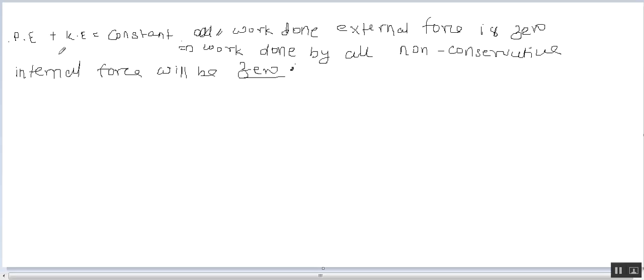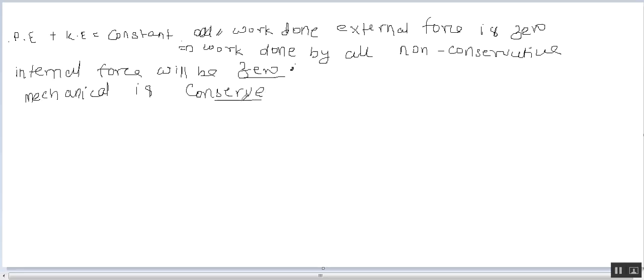So in this case, the sum of kinetic energy plus potential energy is called mechanical energy. So in this case, mechanical energy is conserved.